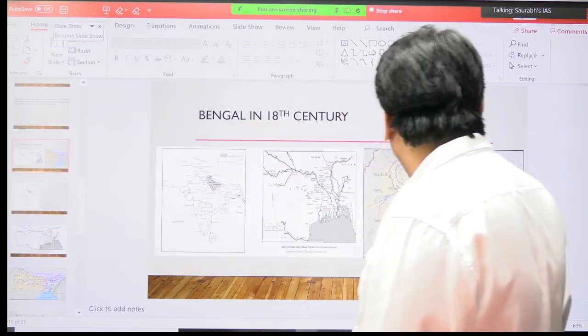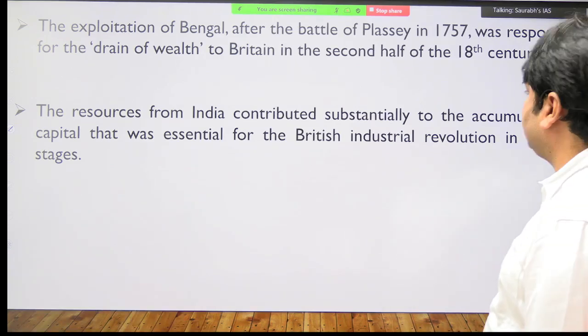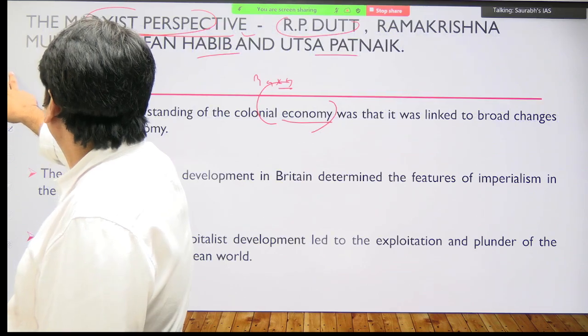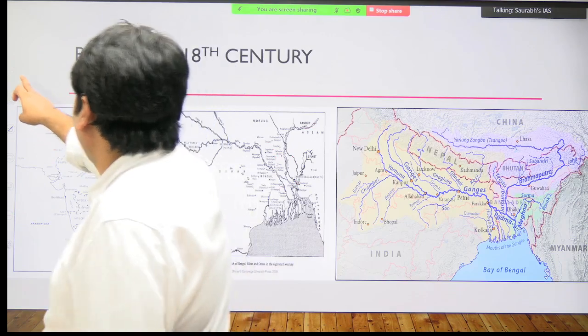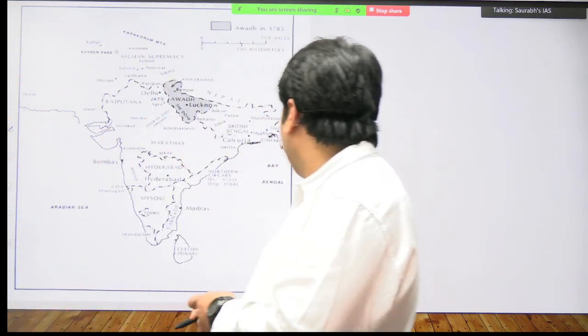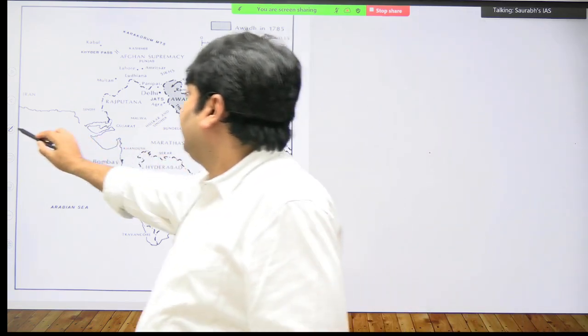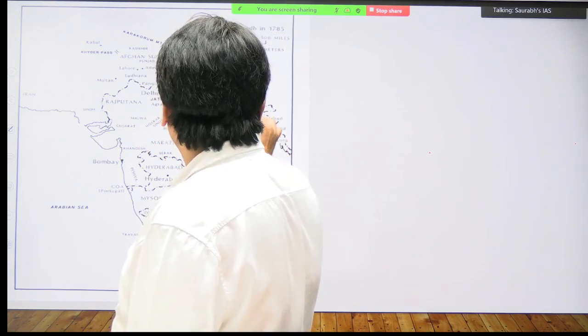This is the Bengal in 18th century, 16th. Okay, so we are taking these images single. So basically, when we talk about Bengal, so this is the province. Okay, this is Bengal here. Look at this map. This part is Bengal region.